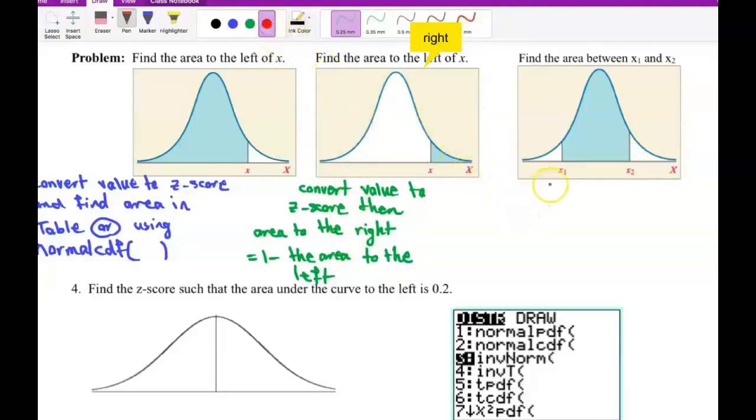Okay, now on this part we have x1 and x2. That means that we have two z scores. Again, since we have value, first convert to find z score.